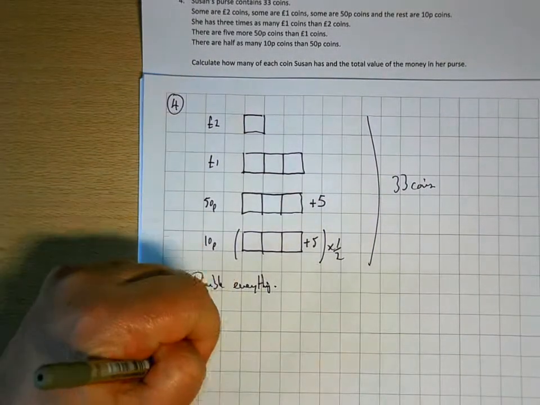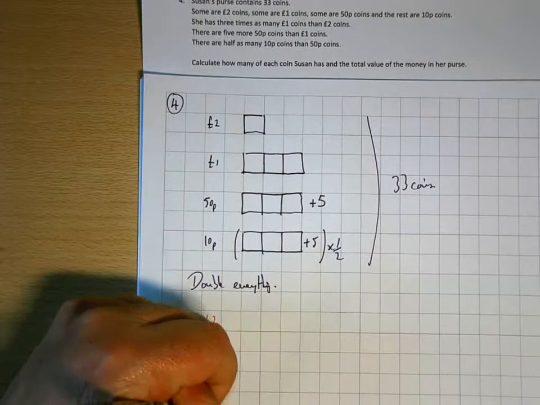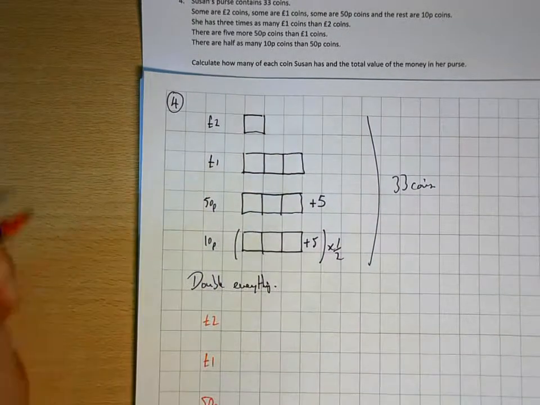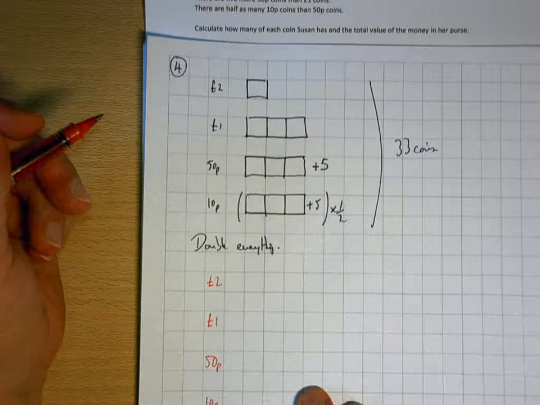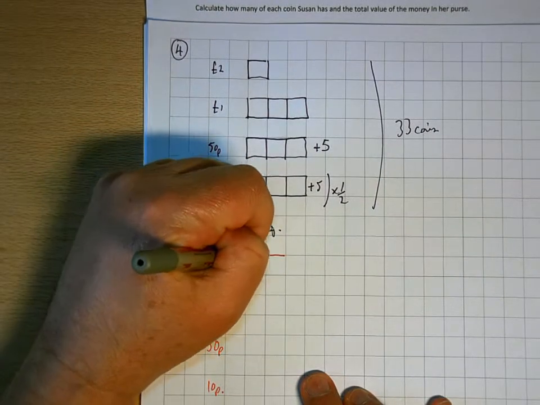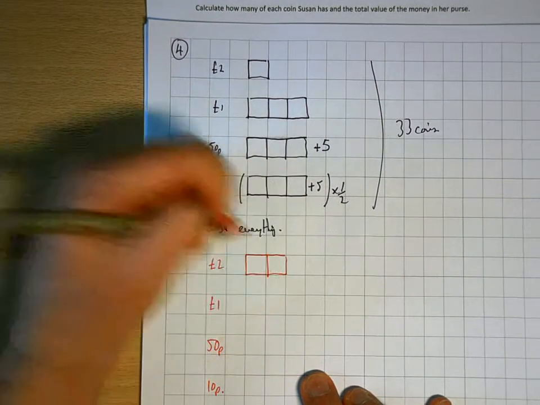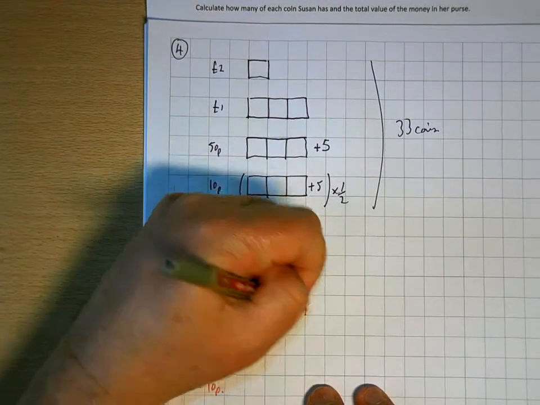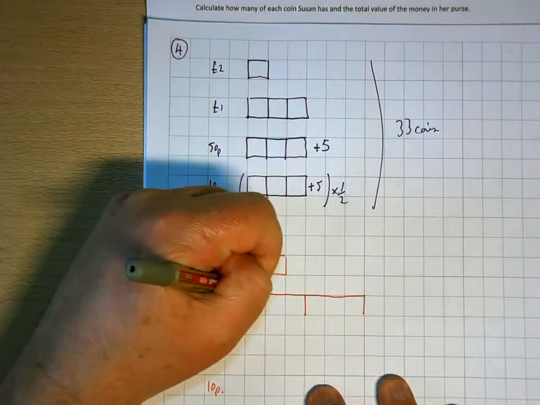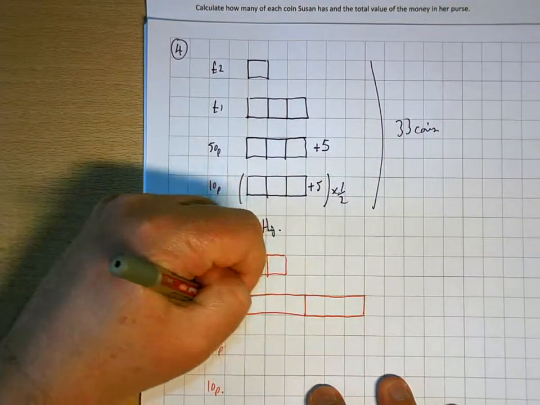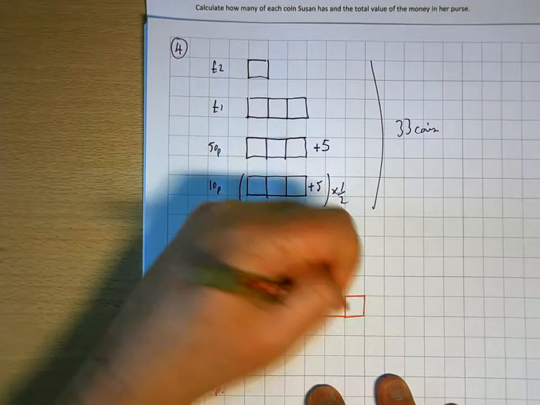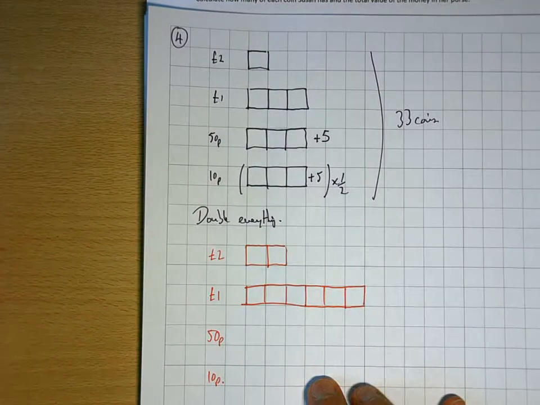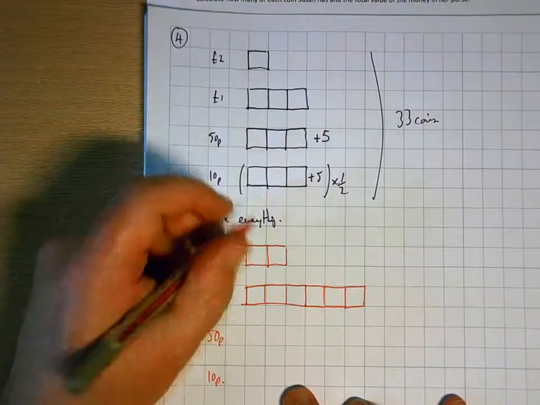So now I'm going to have 66 coins, a double block of pounds. I'm going to have 6 lots of that.